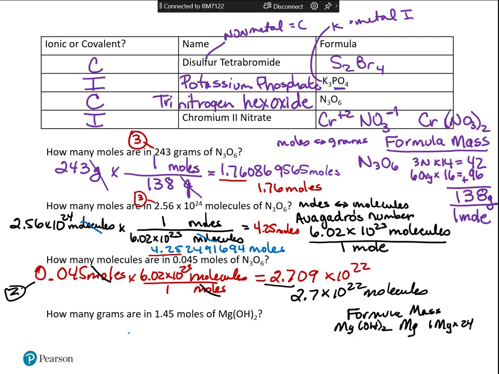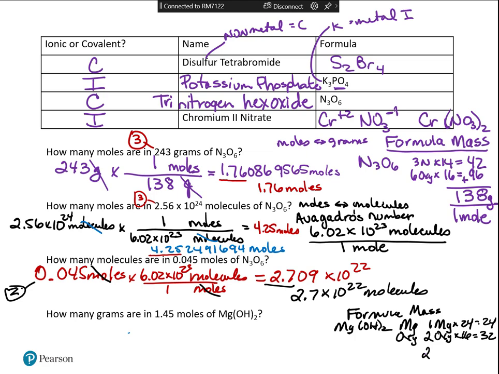What about OH2? I have oxygen. How many of them? 2. Remember, with the parentheses, everything inside is found by the number outside. So that's 2 oxygens, and each one weighs 16, so that's going to be 32. So I have 24 and 32. And then what about the hydrogen? How many do I have? I have 2 because it's OH2.